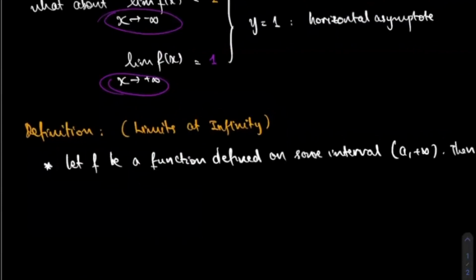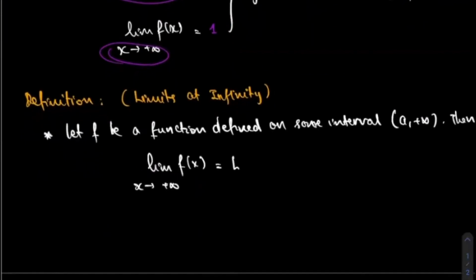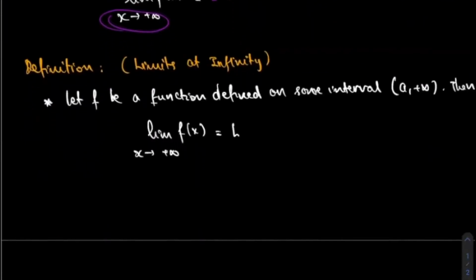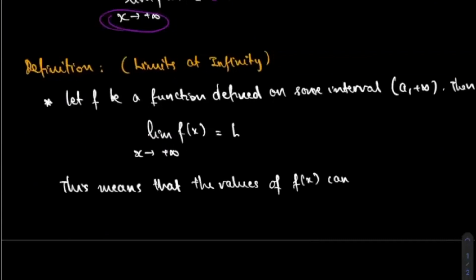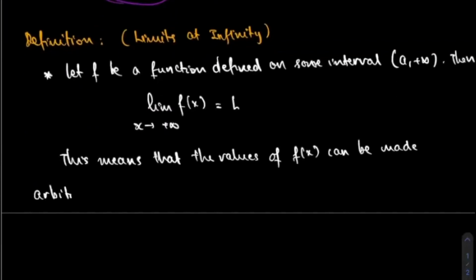Then the limit of the function as x approaches positive infinity equal to L means that the value of f of x can be made arbitrarily close to L by taking x sufficiently large.